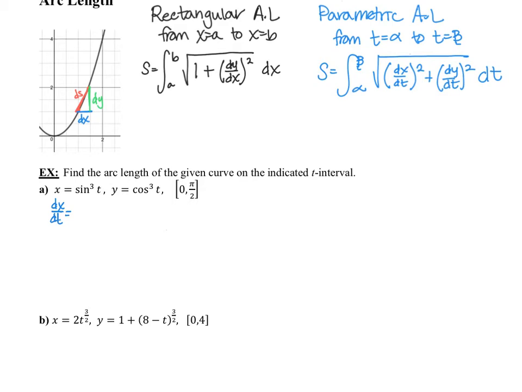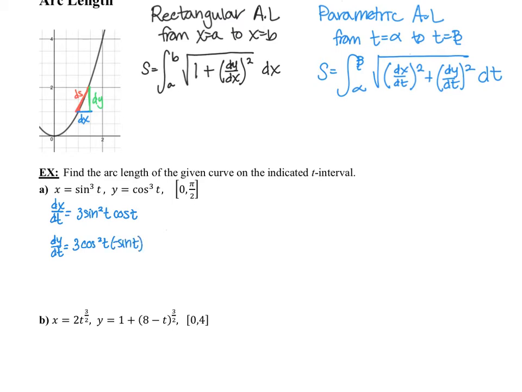If I take the derivative of x with respect to t, it's a chain. So I've got 3 sine squared t times cosine of t. And then if I do dy dt, I get also a chain, 3 cosine squared of t times negative sine of t.